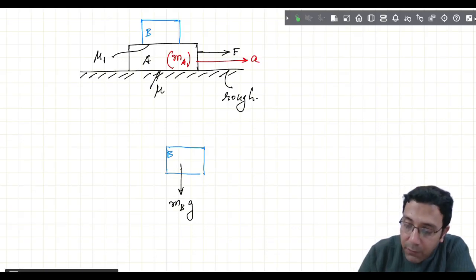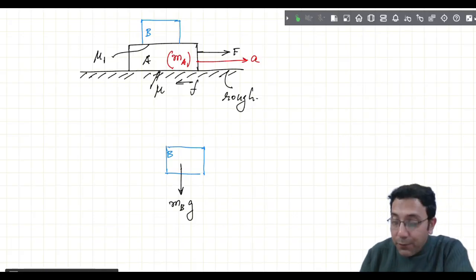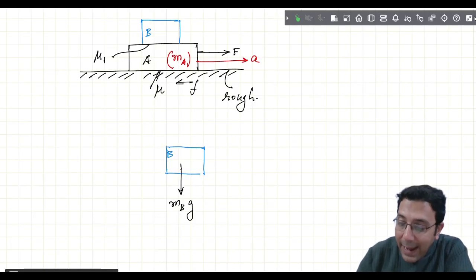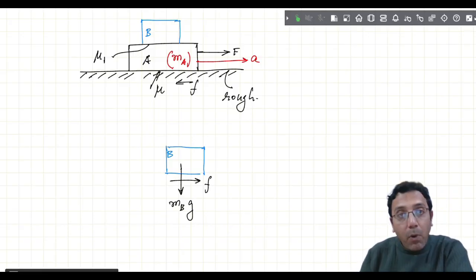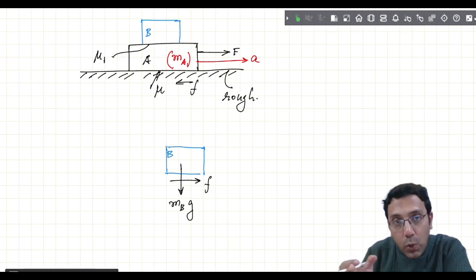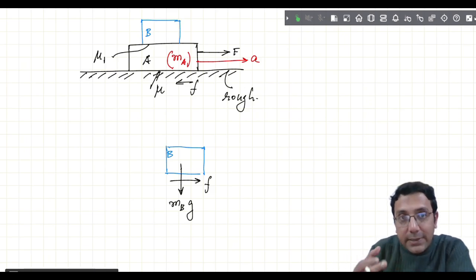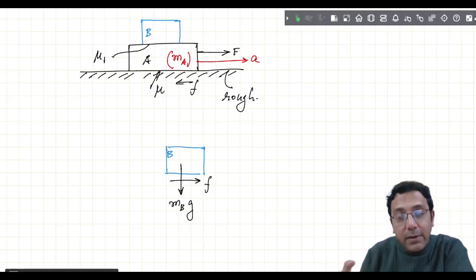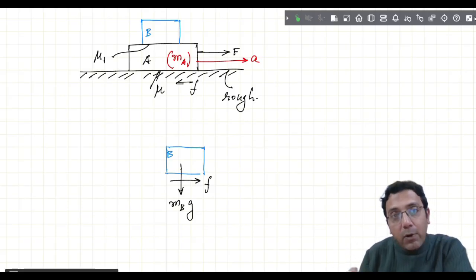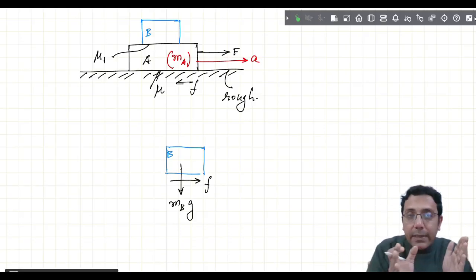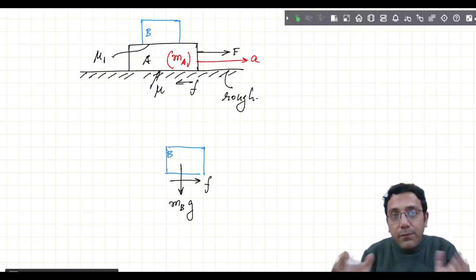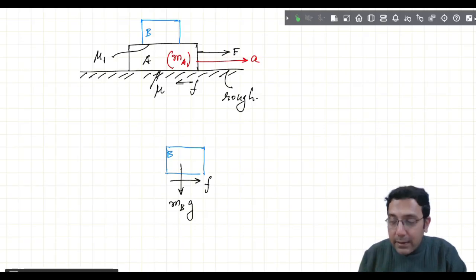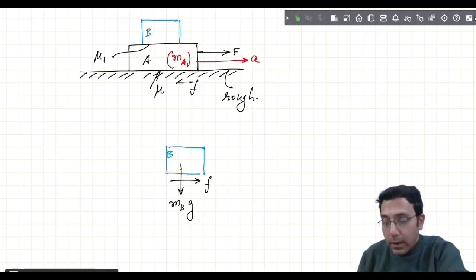I said that the friction force for body A will act in this side, so the friction force for body B will act in the forward direction, because body B will have a tendency to go to the left. If I consider inertia, body B was in a state of rest. Suddenly a force is applied on body A. Body B will have inertia toward the left. Friction will prevent it from slipping. So friction is acting in the forward direction for body B.